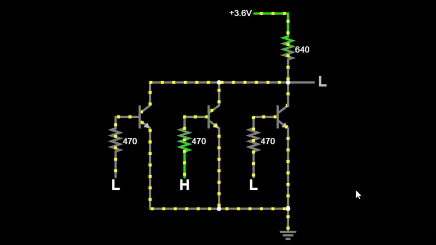RTL NOR gates were widely used in early computers due to their simplicity and reliability. They played a crucial role in memory units, arithmetic circuits, and more. RTL NOR gates were prevalent in the past.